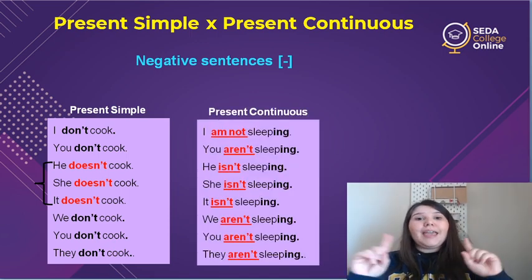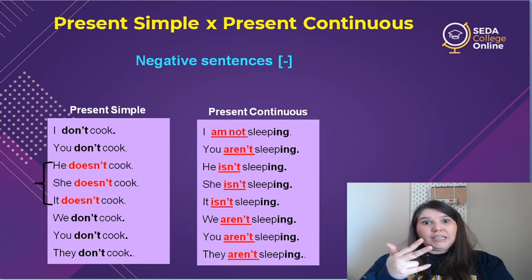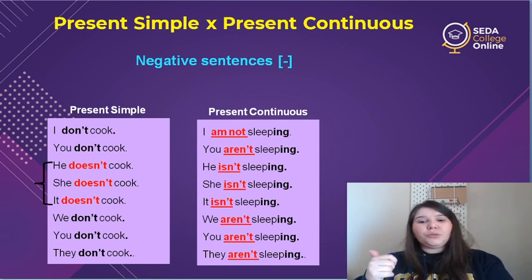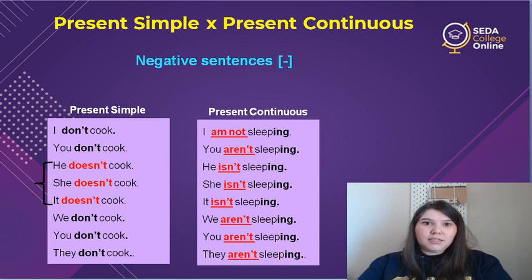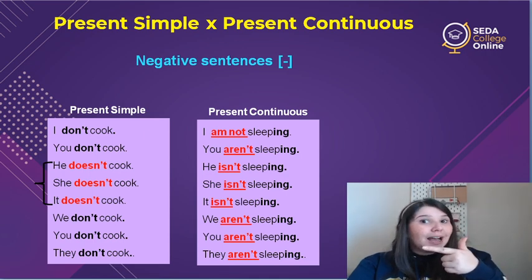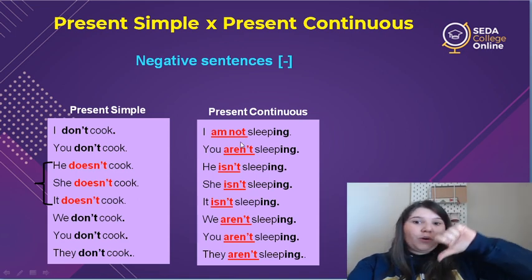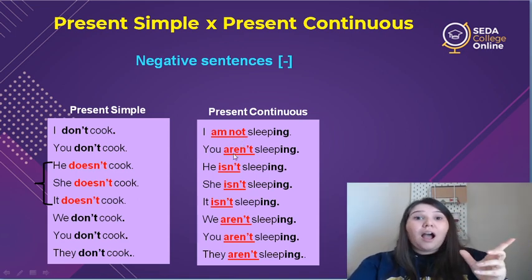So, I am not sleeping. You aren't sleeping. He, she, it isn't sleeping. We, you, they aren't sleeping. So what's important here? Again is the verb to be plus ing, but the verb to be needs to be in the negative form. Am not, aren't.